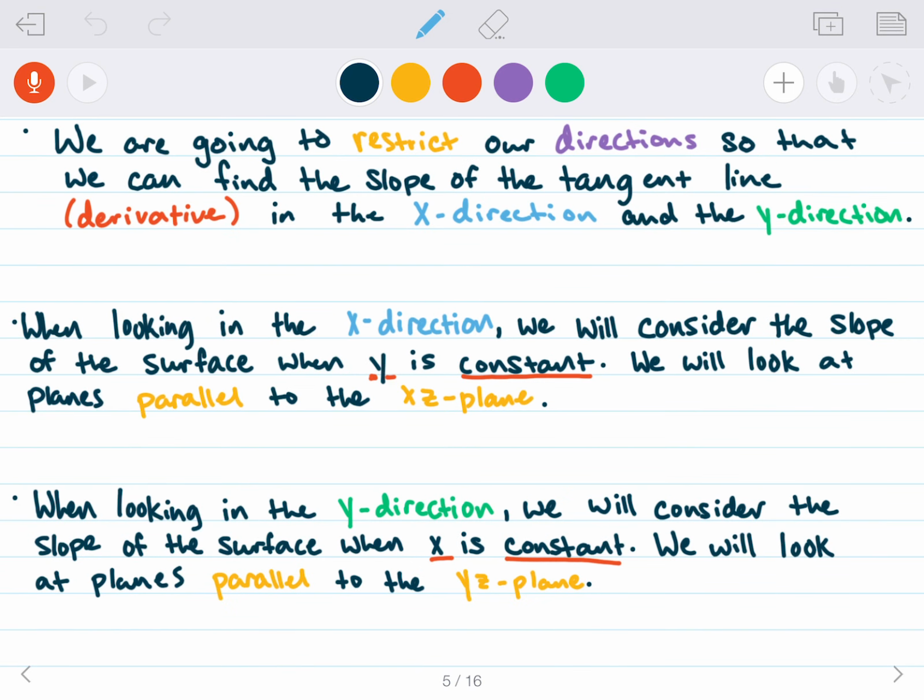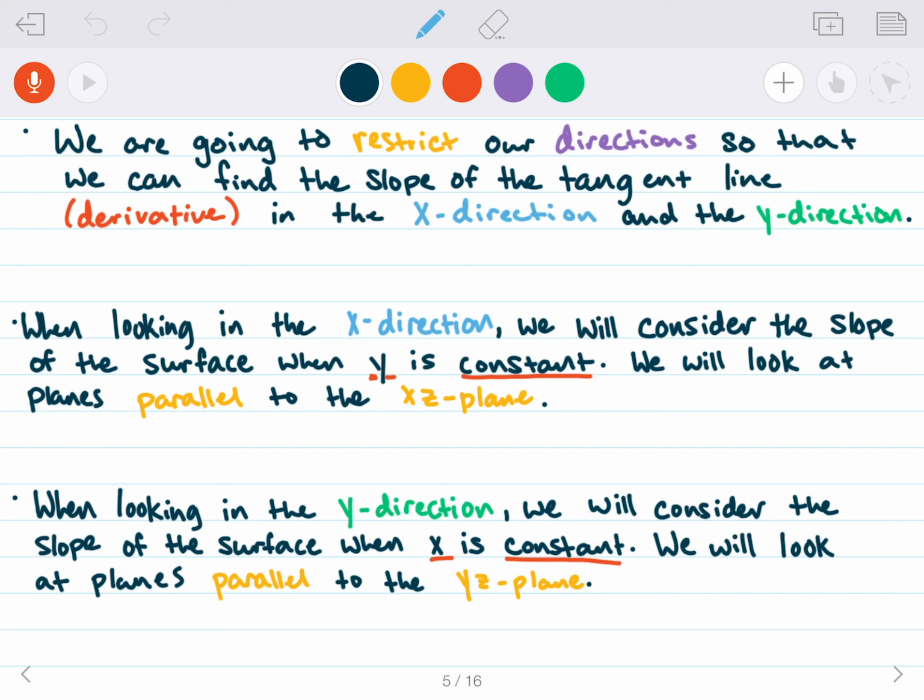And to do that, we need to restrict our directions so we can find the slope of the tangent line, aka the derivative. We're going to start by looking at the slope in the x direction and the y direction, and then later on we're going to talk about directions more generally.